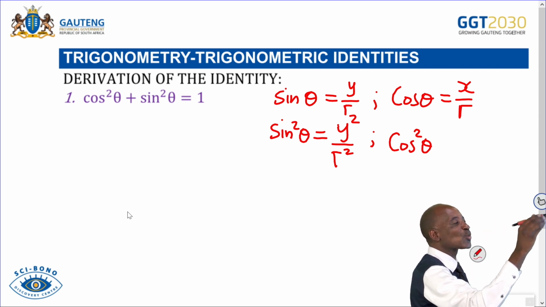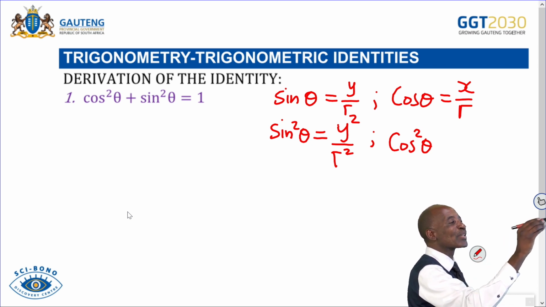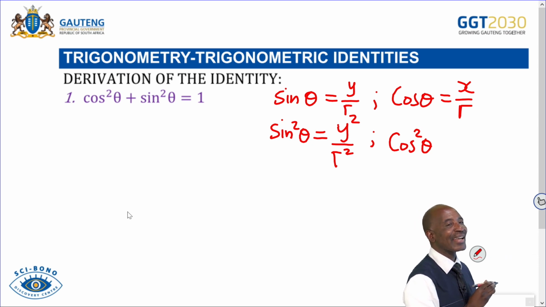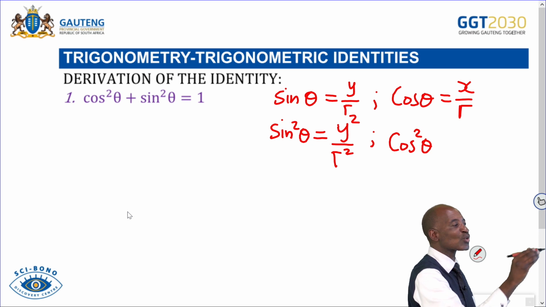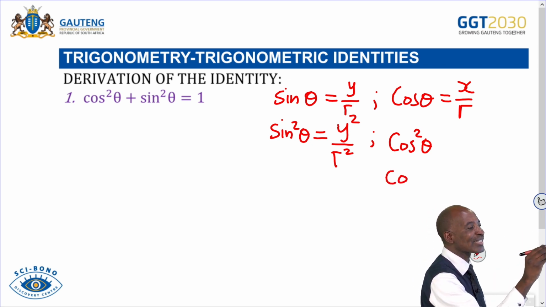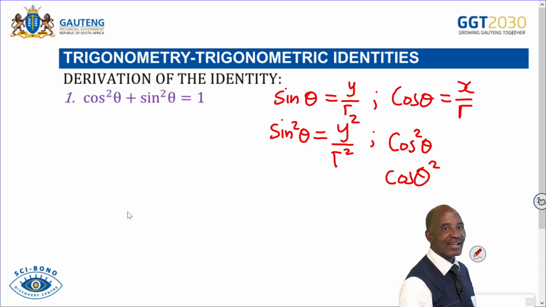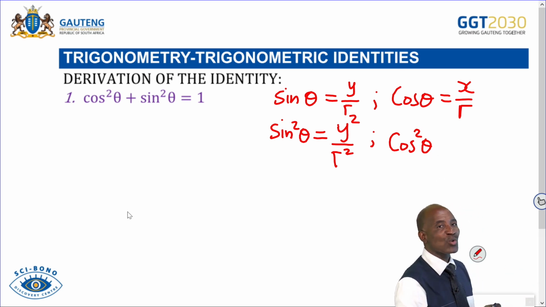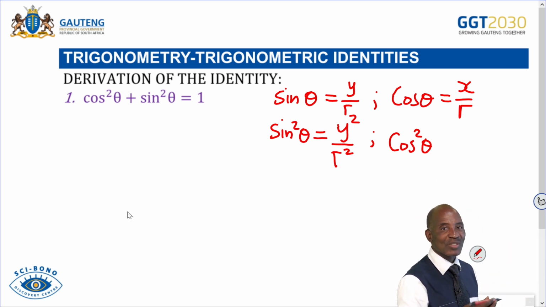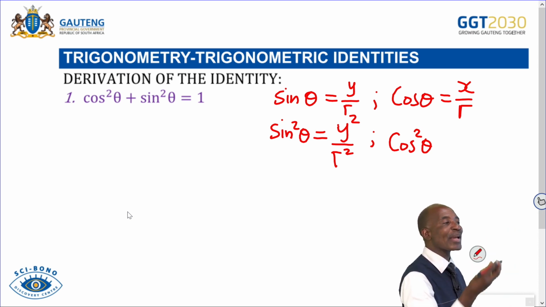So to avoid squaring the angle, you'll have to put the square number between cos and your theta as a small number. Cos squared theta is written like this, not cos theta squared. You must avoid writing it like that. Otherwise, you'll end up squaring the angle instead of squaring the overall result. So you need to know how to represent your trig ratios in square form, cube form, and so on.